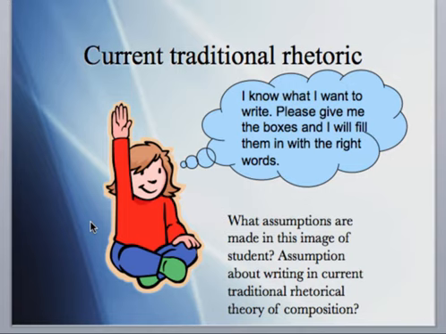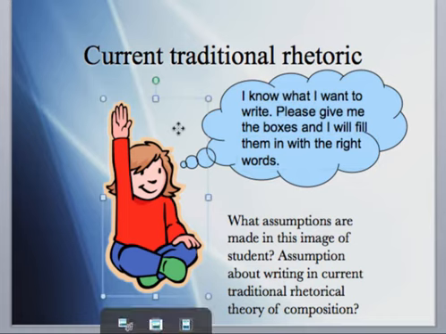There's an aim for being the best country, being the first at everything, and that was rooted in ideas of science, which was very much, you have a hypothesis, you prove or disprove your hypothesis. And so with writing, it kind of equated to the idea that a writer knows exactly what they want to write. Please give them the boxes and the places to put it, and they will have the right words to include.